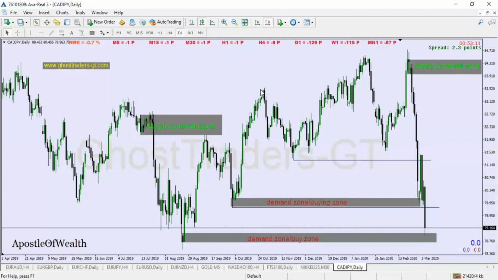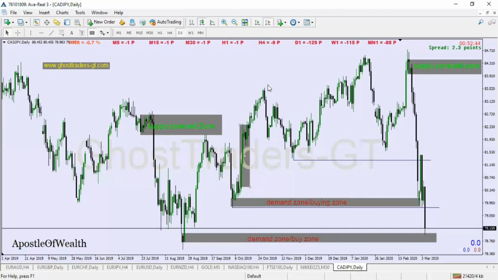So you indicate your impulse swing, which has created what we call price imbalance. Once you see that, you know there is a high chance of your demand being successful.